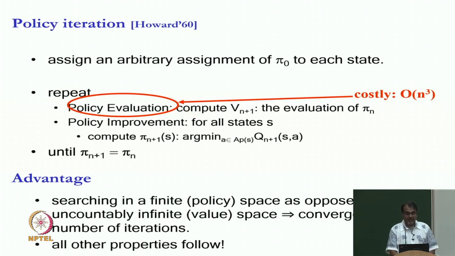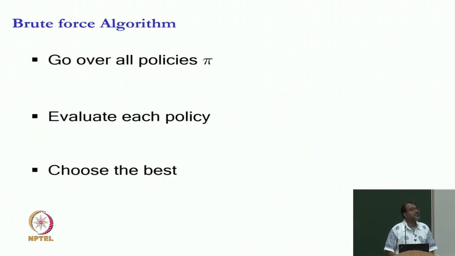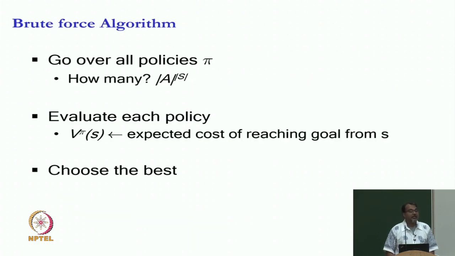How do we define the evaluation of the policy? Well, this is what we did last class, so let me remind you. We first started with the brute force algorithm, and the goal was evaluating each policy. So, how did we evaluate a policy? We said, what is the expected cost of reaching the goal starting in that state and following that policy. And we developed two algorithms to achieve this.